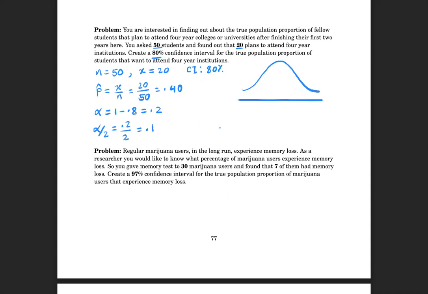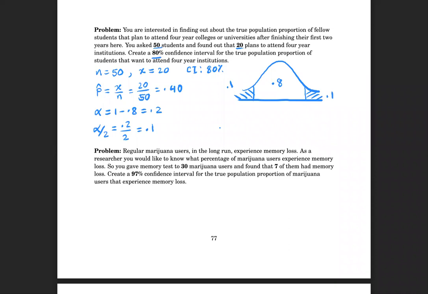And again, we are going to consider the middle 80%. So that's 0.8, and to the right is 0.1, and to the left is 0.1.